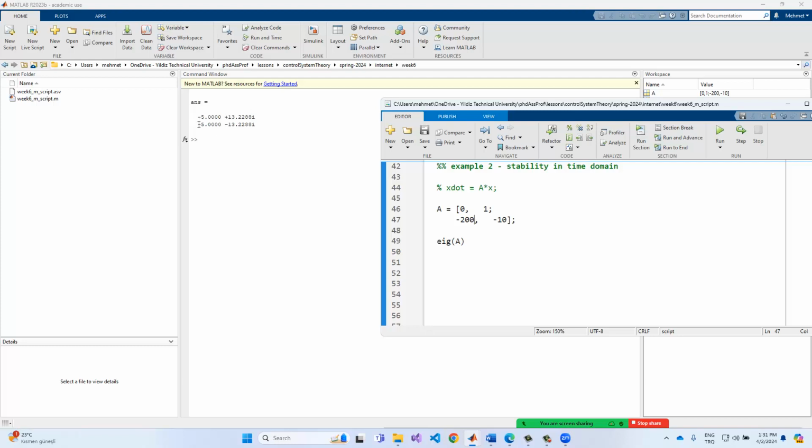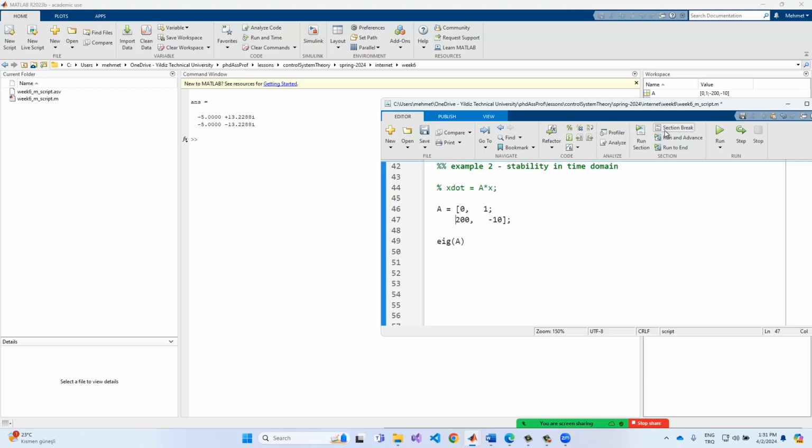And so only the real parts are important for checking the stability of the system. For example, this is a plus term, but this is the imaginary value. Imaginary values cannot affect the stability of the time domain system. We just need to look at the real part of this system.